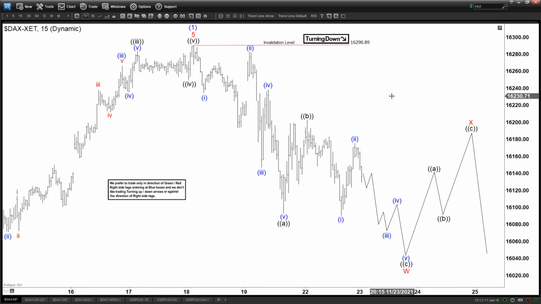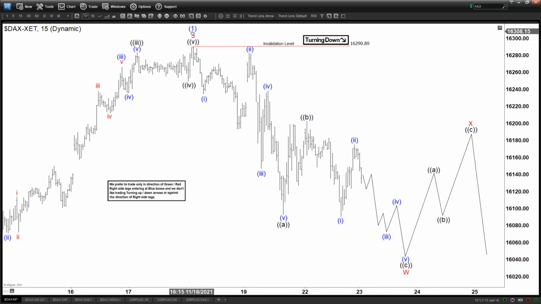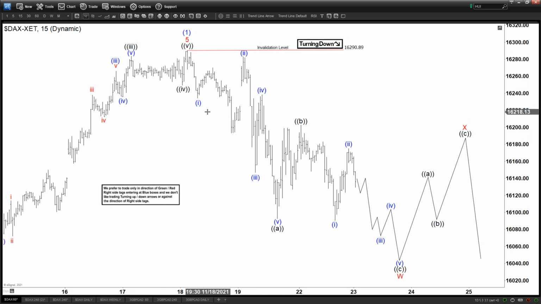Okay. Now over here, what we have is we ended 5 of 1, right? 1 in the intermediate degree. So what this means is that we are now in the wave 2. Just by looking at this, we know that the right side, if we look at the higher time frame, needs to be bullish, right?